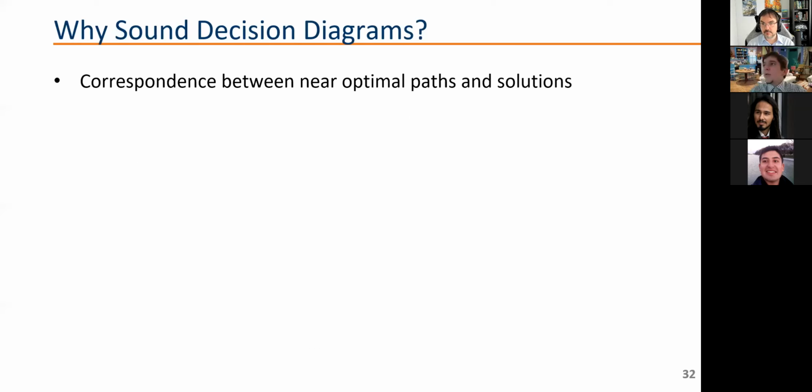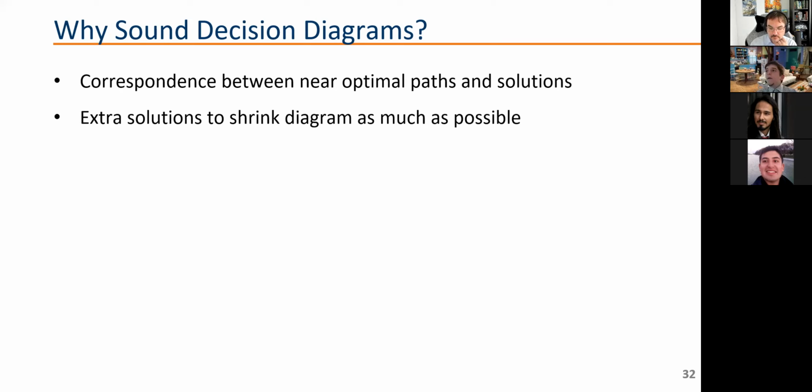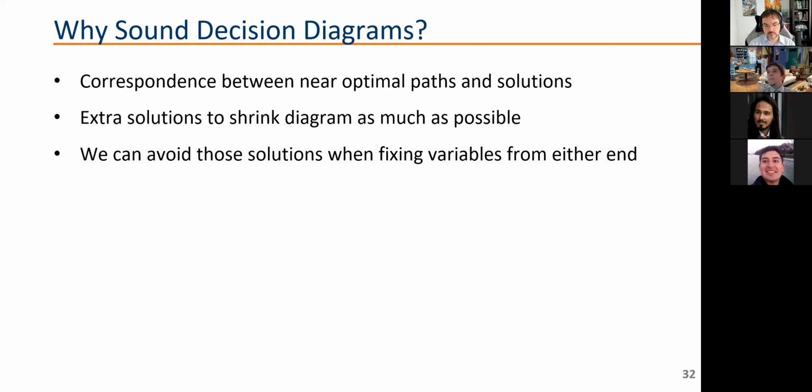The reason why we find this sound decision diagram a good idea is that we maintain this correspondence between the near optimal paths and solutions of the original problem. The extra solutions that we would include in this diagram are there only to shrink the diagram as much as possible. And we can avoid the solutions by fixing variables from either decision diagram.